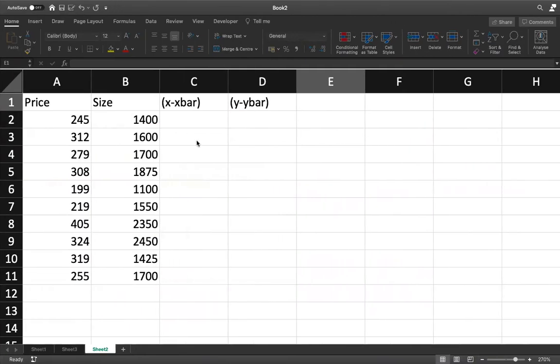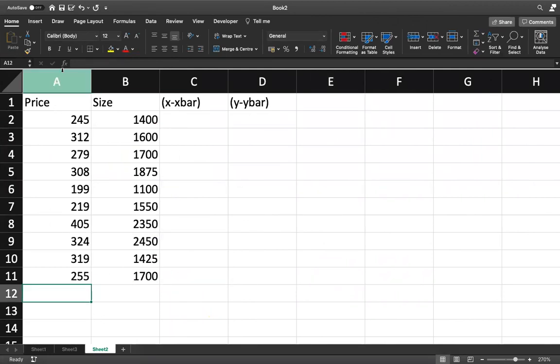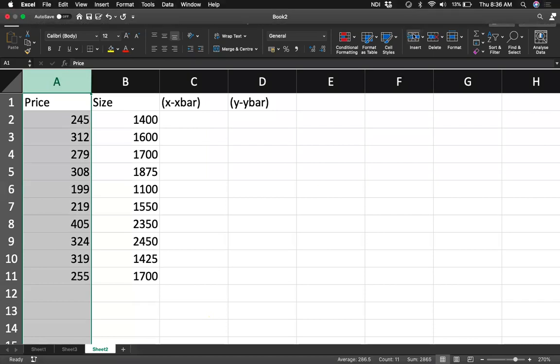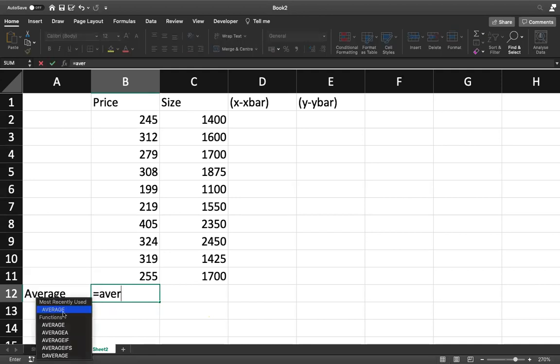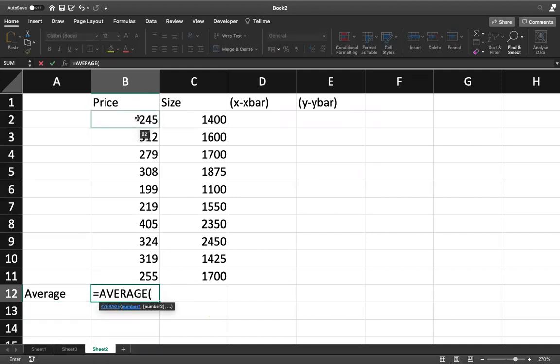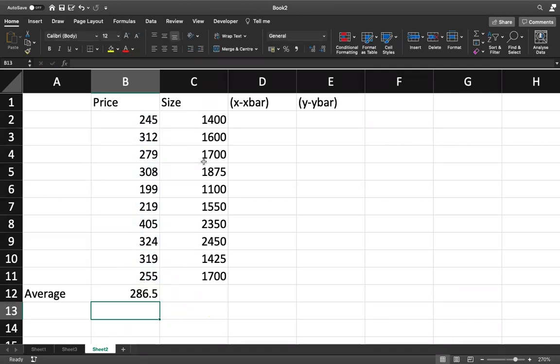That means we have to find the average. So the average of all the prices, and then the average of all the house sizes. We have them here.